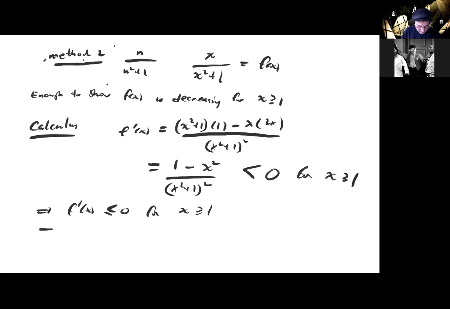So that means that f of x, not f prime of x, is decreasing for x greater than or equal to 1. That's all we have to show. So we're done. This method 2 was much easier in my opinion.